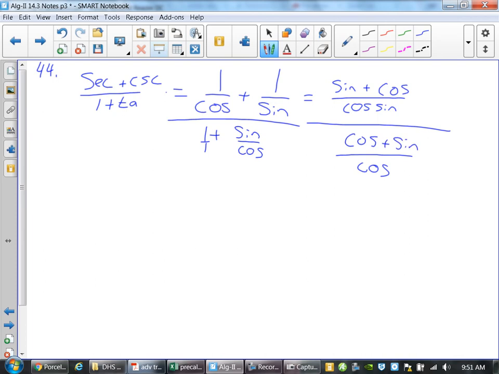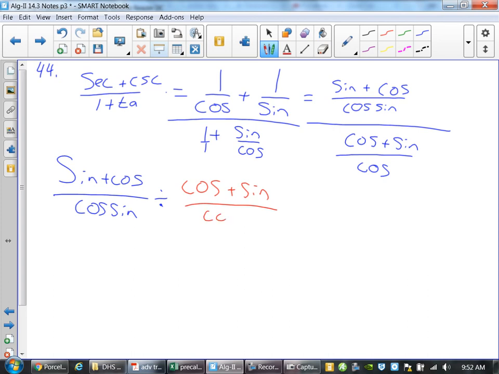Now I just have a complex fraction. Rewrite it horizontally. This is just the numerator. When you divide fractions, you actually multiply by the reciprocal.